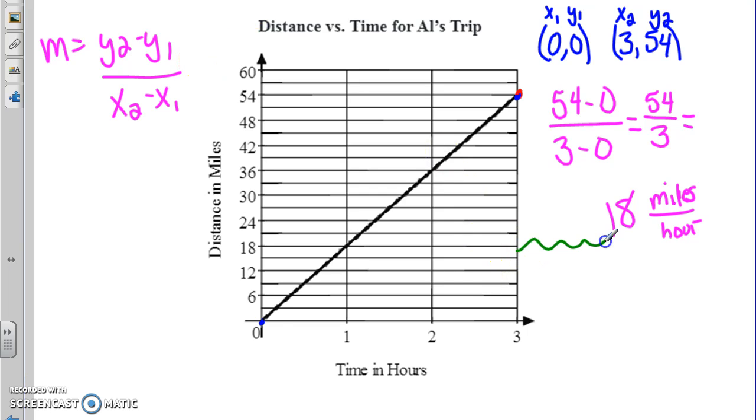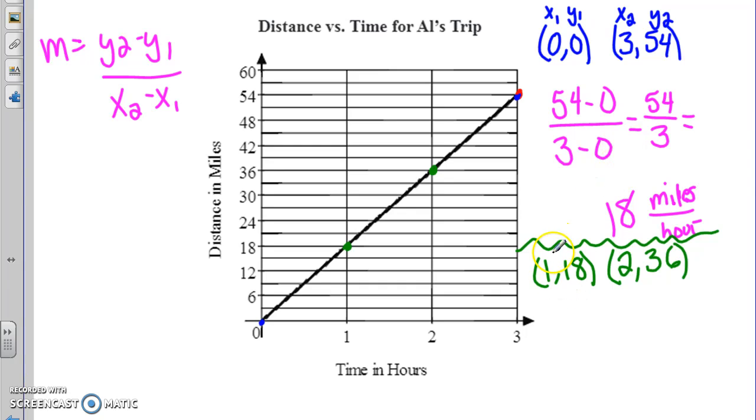Okay, so the next one, letter D, says what is Al's average speed in miles per hour for the time interval 1 to 2? So now I'm going to 1. At 1, Al's distance was 18. So that's 1, 18. Okay, and then at 2 hours, Al's distance was 36. So that is 2, 36.